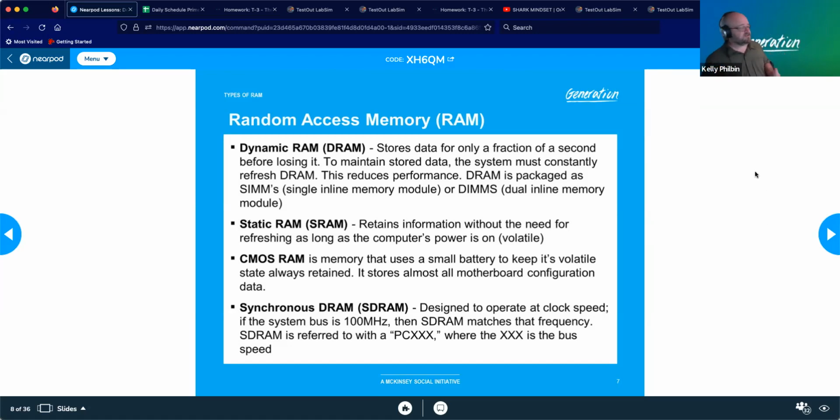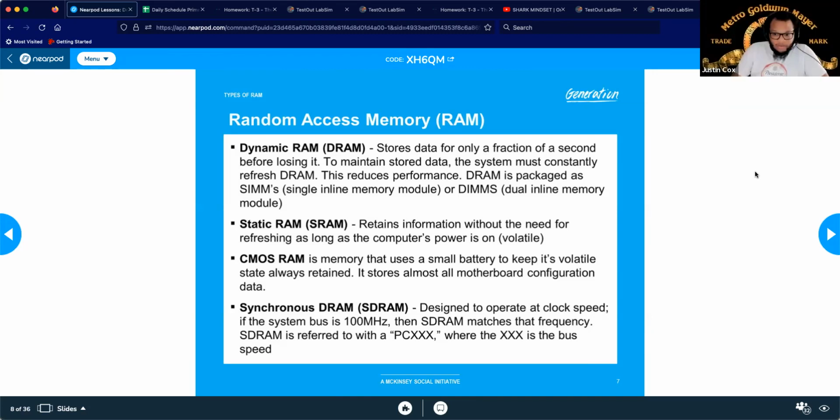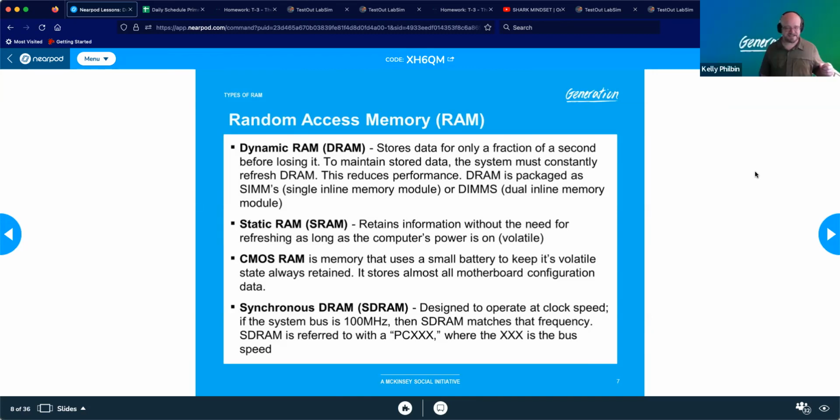And then finally, we get to synchronous RAM, or synchronous DRAM, excuse me, SDRAM. This is designed to operate at the clock speed of your computer. What sets the clock speed? Do we remember? CPU. The BIOS? How's it maintained? What keeps the clock?